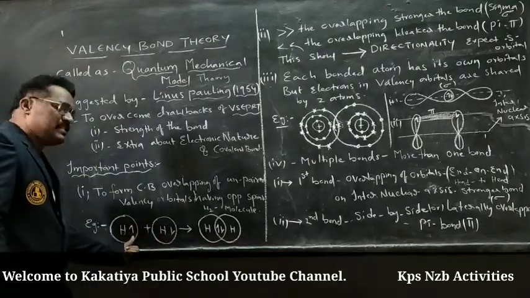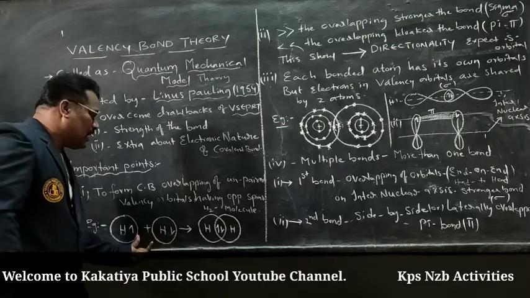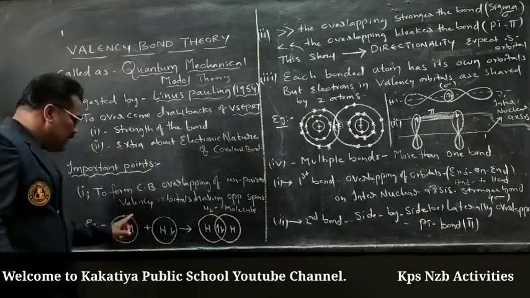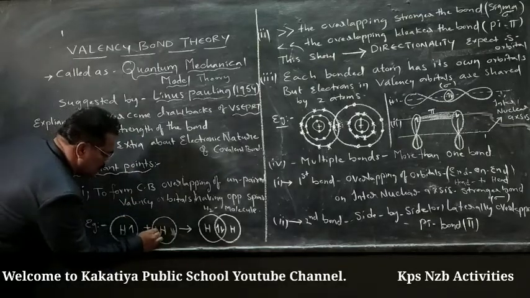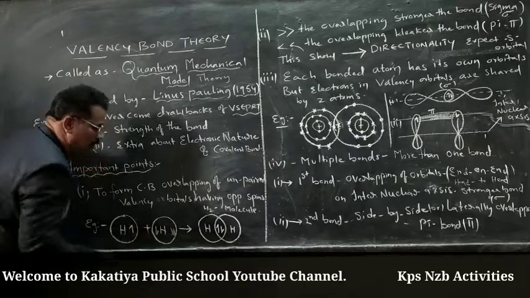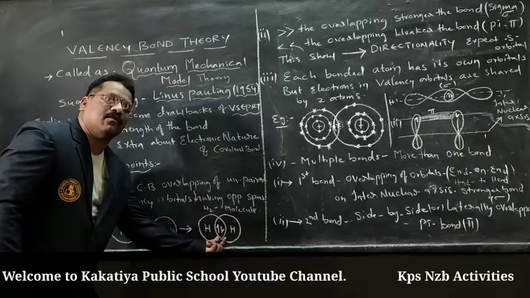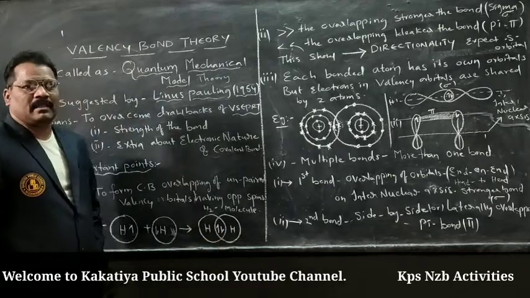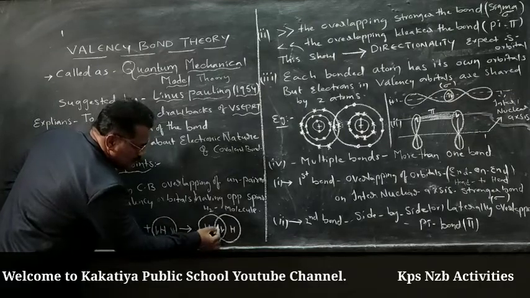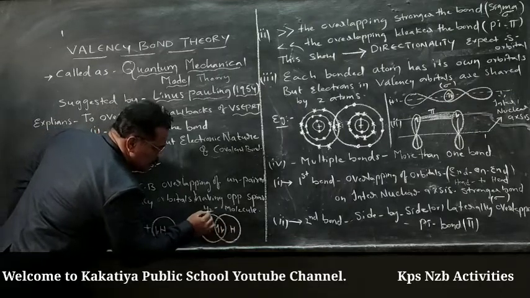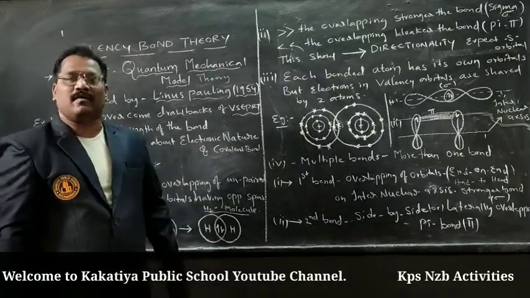Each hydrogen atom has one electron. The valency orbitals of these two hydrogens overlap each other and form a paired electron of opposite spin. These two electrons are shared by both hydrogen atoms, so that a hydrogen molecule is formed.